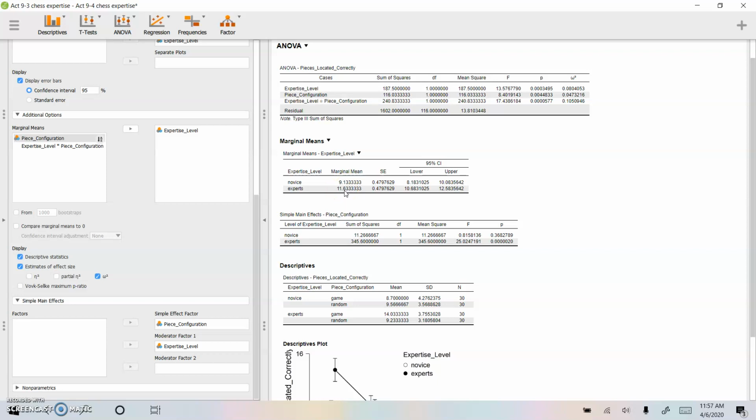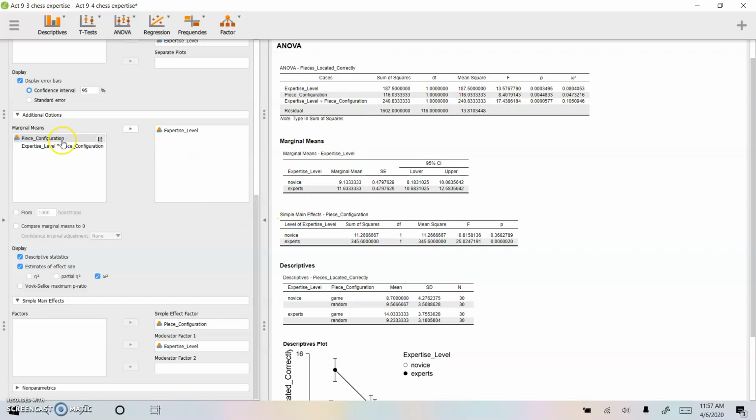Okay. So that main effect of expertise level, the F of 13.576 with a P of 0.0003, tells us that that mean difference is very unlikely to be due to sampling error. Okay. And here you can interpret omega squared directly. It's comparing just two means, so you can interpret the omega squared. Or again, you can compute the D if you want to.